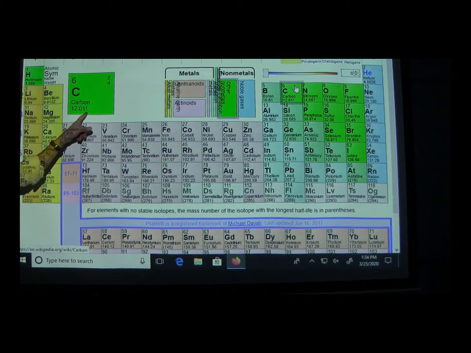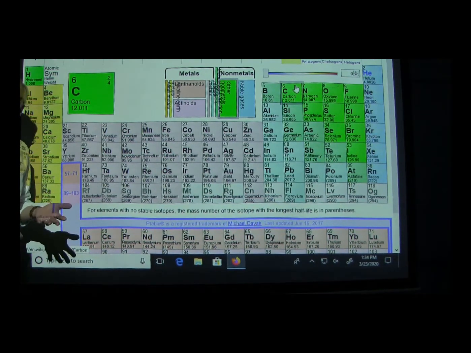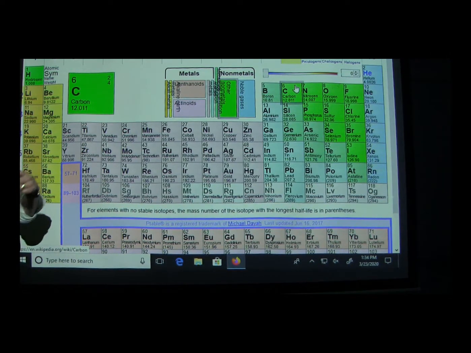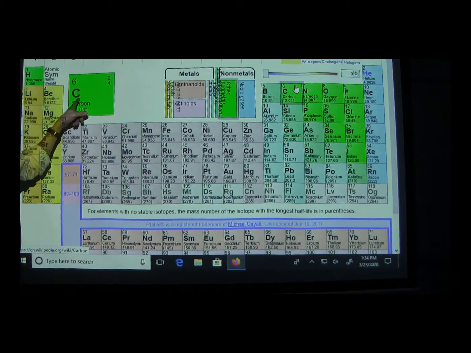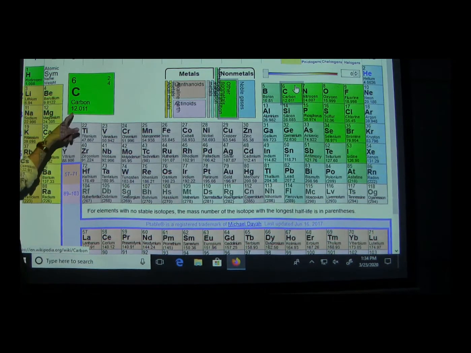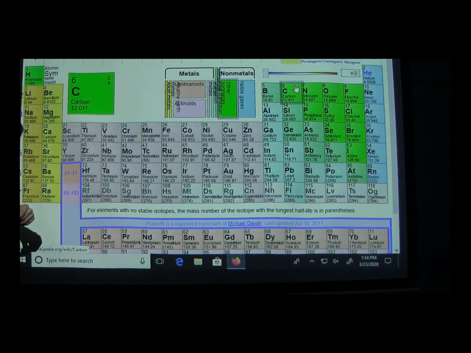We can also think of it as the mass in grams of 1 mole of carbon. Remember, 1 mole of atomic mass units is a gram, so 1 mole of carbon atoms, if it's a naturally occurring sample of carbon, is going to have a mass of 12.011.